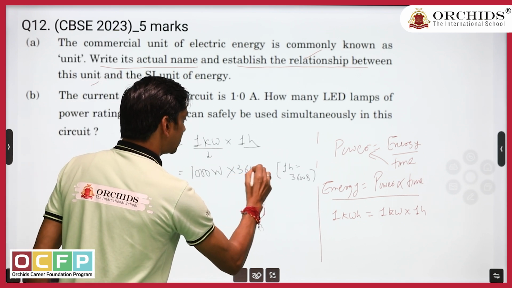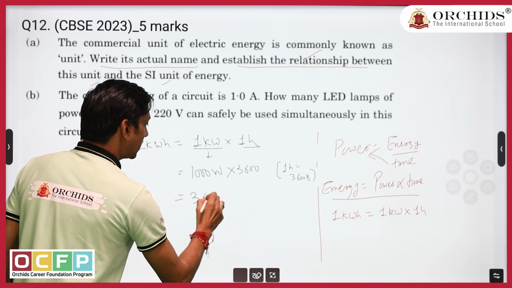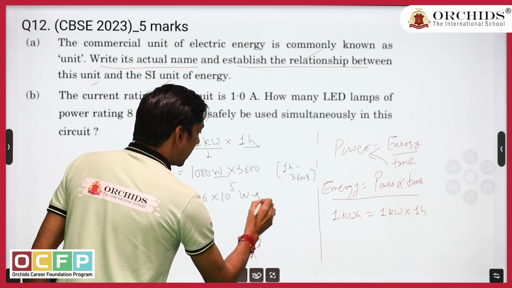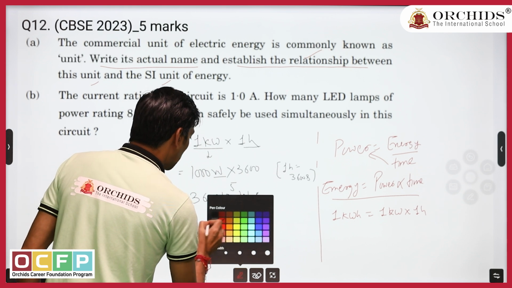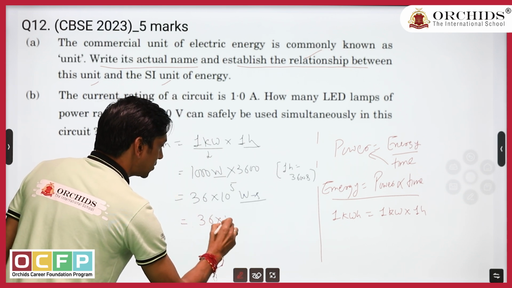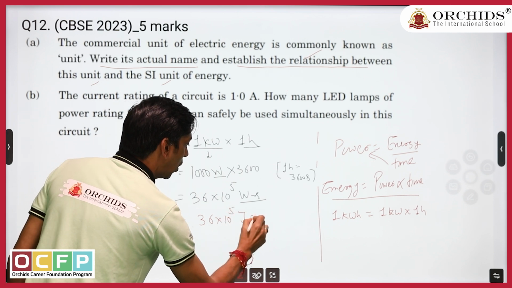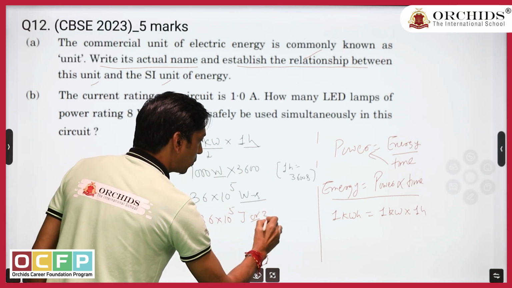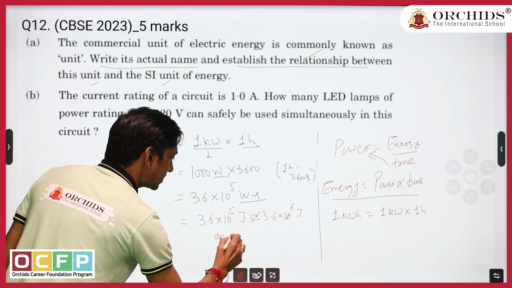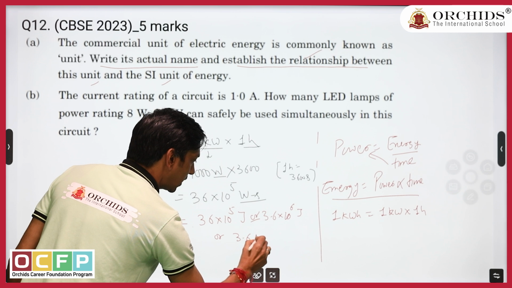So multiplying by 3600, we get 36 into 10 to the power 5 watt second. And watt second is what we call a joule. So that can be written as 36 into 10 to the power 5 joule, or 3.6 into 10 to the power 6 joule, or 3.6 megajoule.